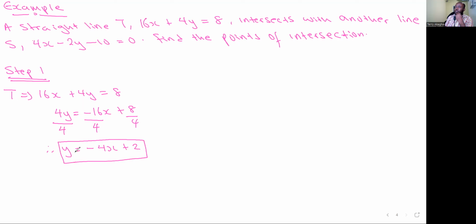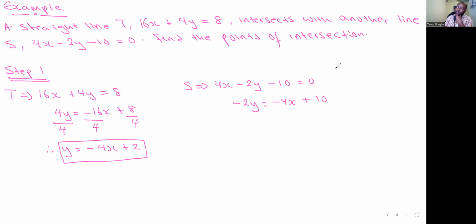So we can refer to this as the y1 if you want to. Now the next one is for S. We have 4x minus 2y minus 10 is equal to 0. Then I take all this to the other side to make y be on its own. So we have minus 2y is equal to minus 4x plus 10, because you take 4x to that side, it becomes minus 4x.